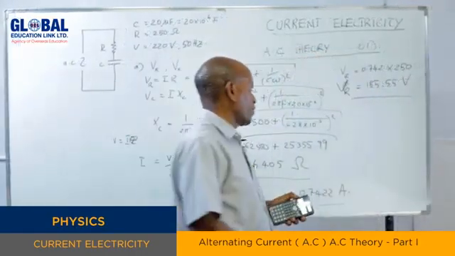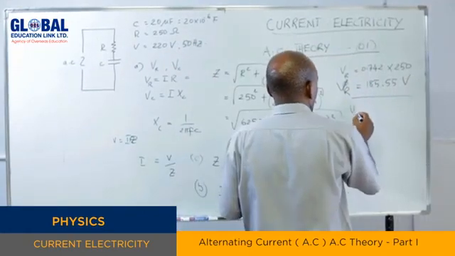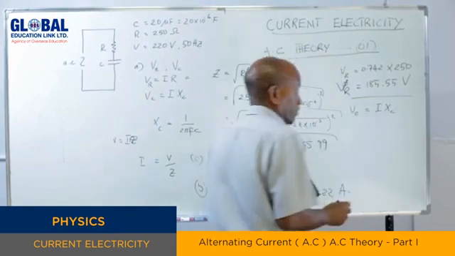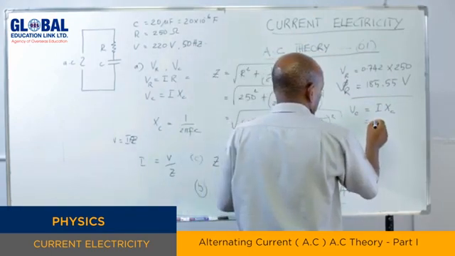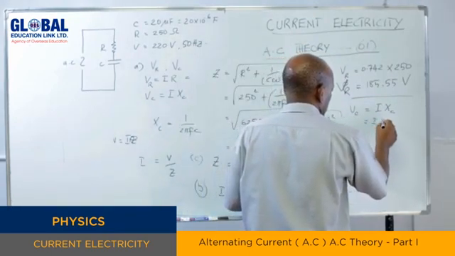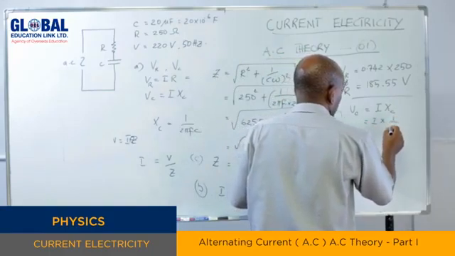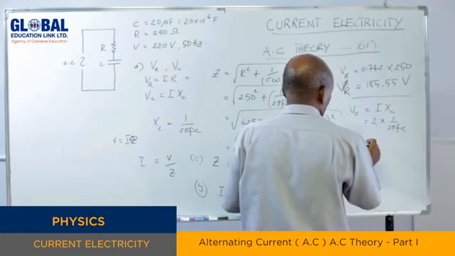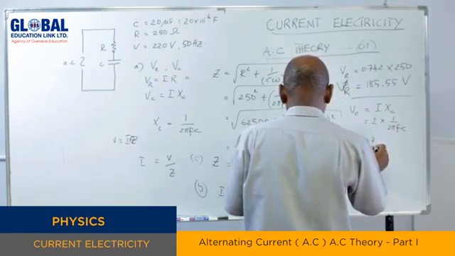Let us look at the voltage through a capacitor. The voltage through a capacitor will just be equal to the current times the capacitive reactance, which is the current times 1 over 2 pi F C. The current there is equal to 0.7422.